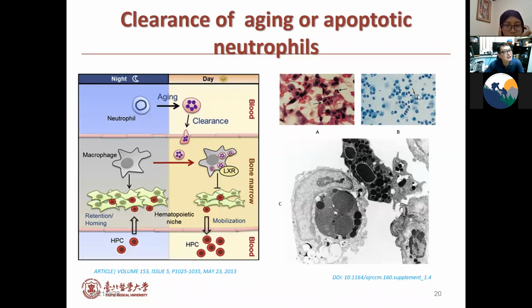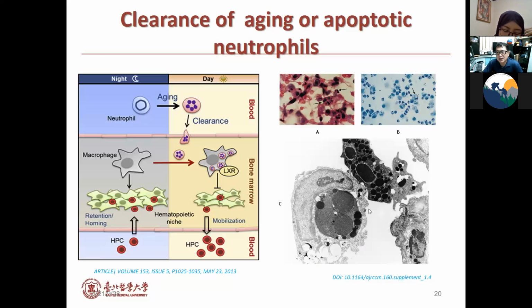You can see big cells and small cells here. The big cells have a lot of dots inside, with very strong color. This suggests macrophages have already engulfed apoptotic neutrophils. Then they put it under electron microscopy and saw macrophages with neutrophils inside.